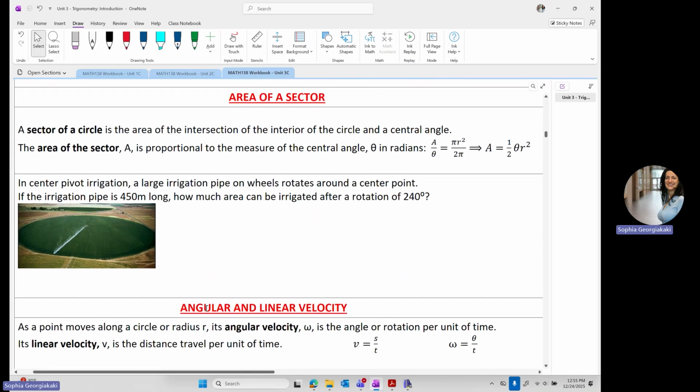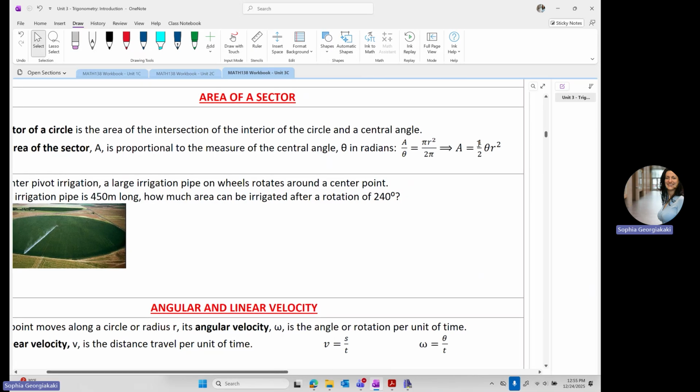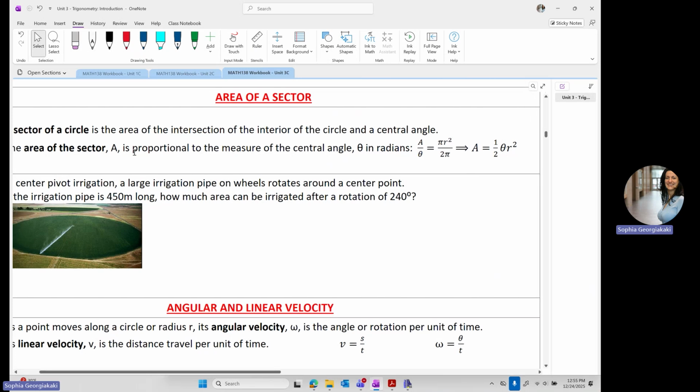The area of a sector is found as 1/2 theta r squared, with theta being the central angle intercepting the sector in radians. So a sector is the area of the intersection of an interior of a circle and a central angle.